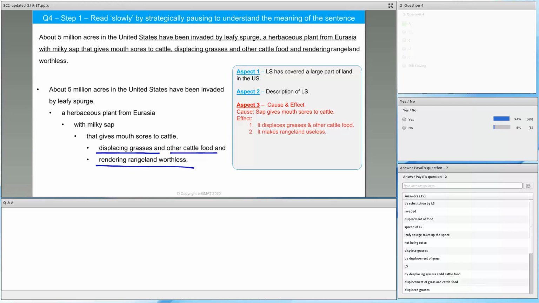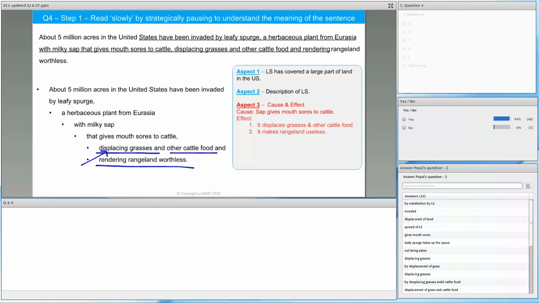Bingo. So you see, when I am forcing you to put that logic through the context of the sentence, you are able to get that. We already know that 5 million acres have been invaded by leafy spurge. So if leafy spurge displaces grasses and cattle food, then obviously the rangeland or the grazing grounds will become useless, because now the cattle will not go to those grazing grounds to eat anything, because they know that if they eat leafy spurge, they are going to get mouth sores.